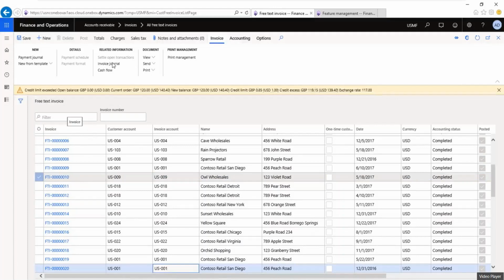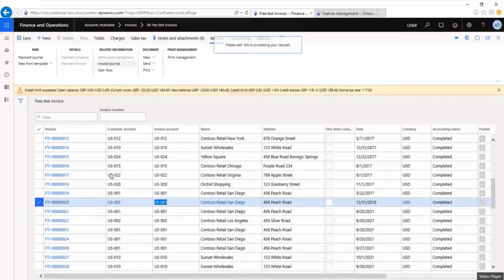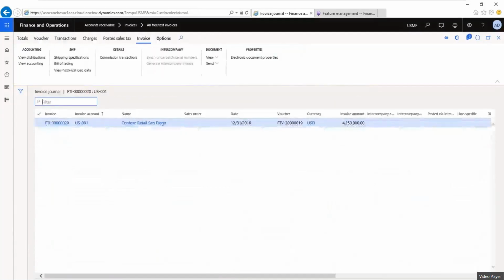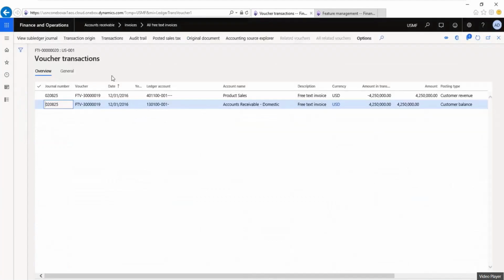You can click on invoice journal and verify the voucher. Whatever relevant transaction you have posted, you can select invoice journal. You can select the voucher at the top and click on the voucher. Okay, voucher will be shown.